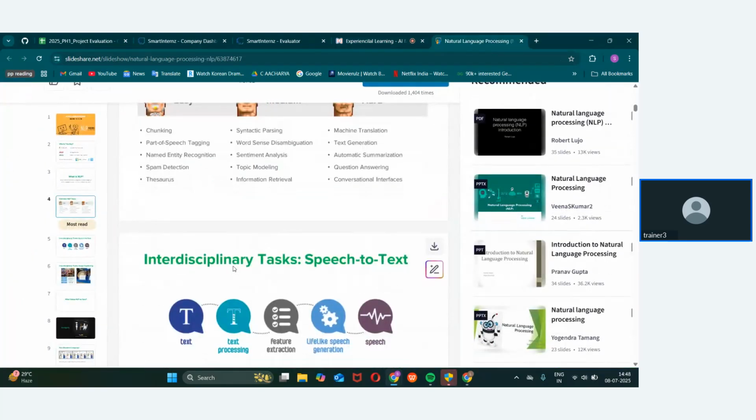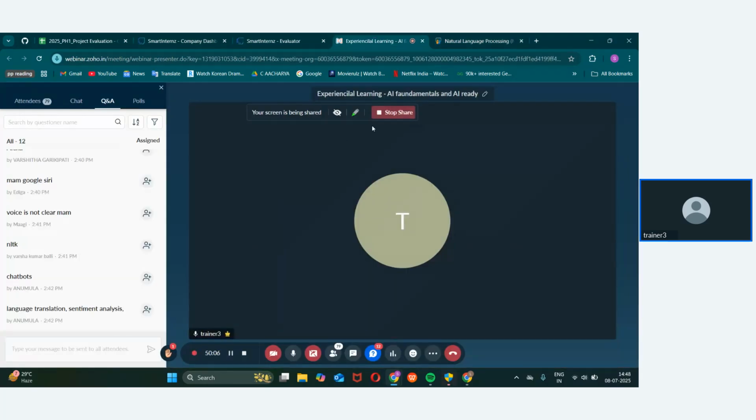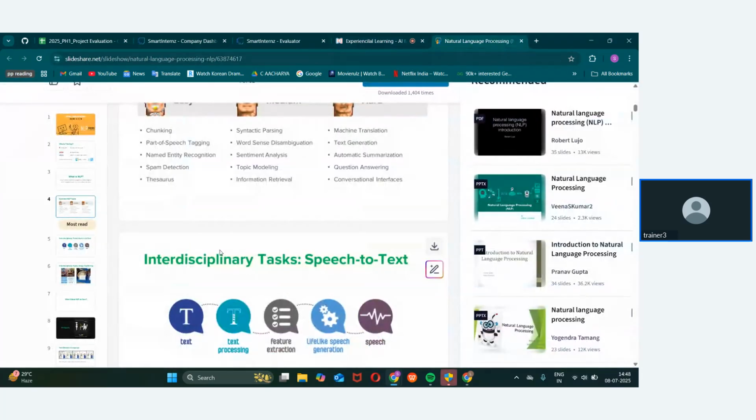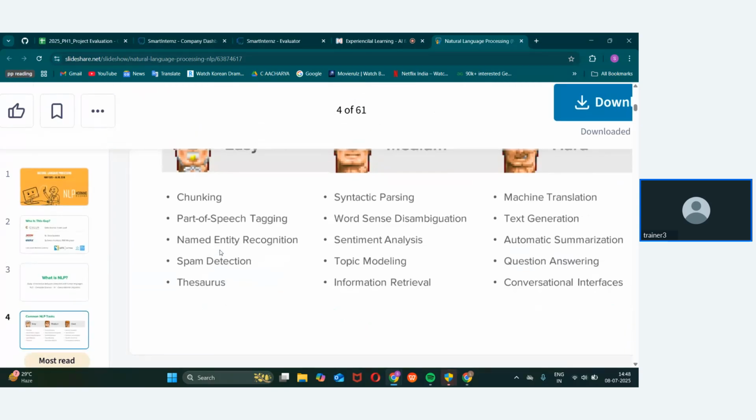So these are the various things that happen behind, which we might not be aware of.